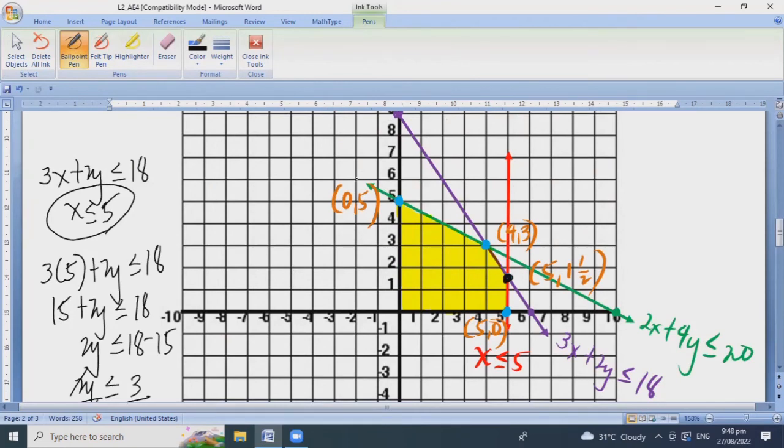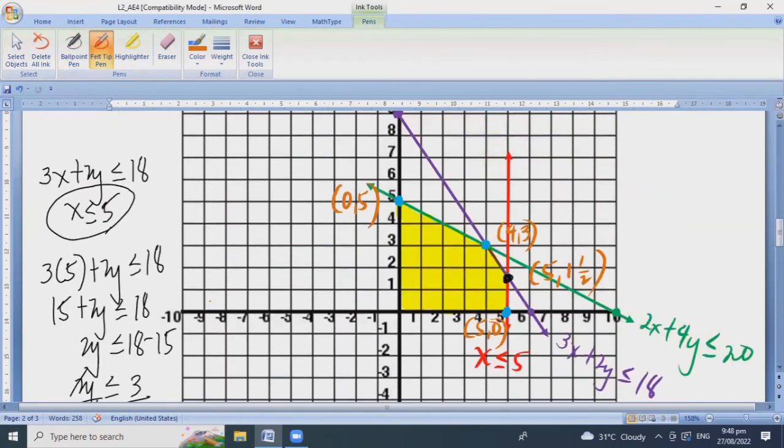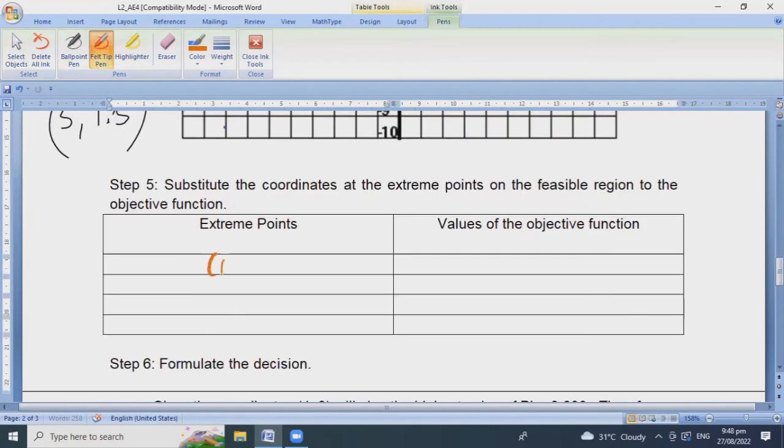Okay? So, ngayon, alam niyo na yung extreme points. Summarize niyo lahat ng extreme points sa step 5. Ilagay niyo lahat dito, kahit anong order ang gusto nyong gawin. So, 0, 5, 4, 3, 5, 1.5, and 5, 0. And then, write your objective function here.